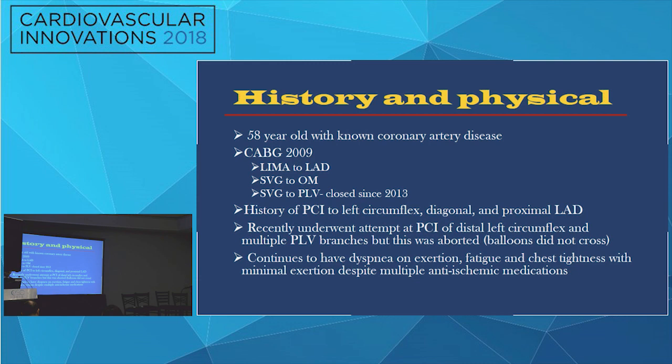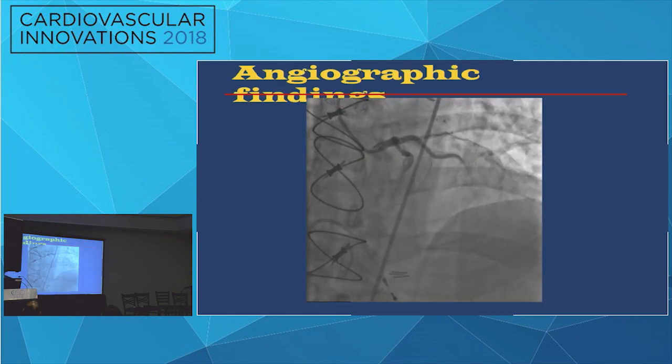Several years ago, he also had stents in the proximal and mid circumflex arteries and diagonal. He recently underwent an attempt at PCI of the distal left circ and multiple left PLV branches by another operator, and that procedure was aborted as no balloon would cross. He continued to have dyspnea on exertion, chest tightness with minimal exertion, and fatigue despite multiple anti-ischemics.